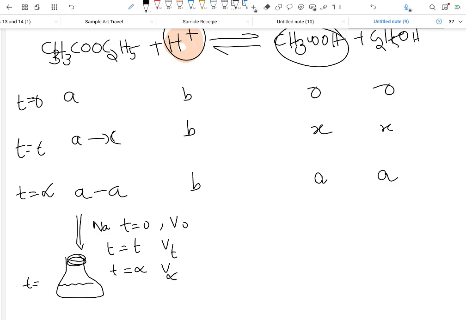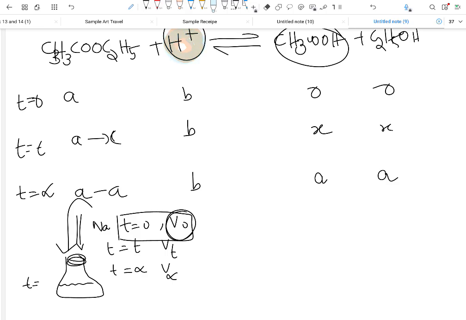So initially, at time equals 0, V0 will be directly proportional to the acid present. You freeze the reaction at the second of initiation of the reaction and do the titration, so what is going to be titrated is the H plus present.